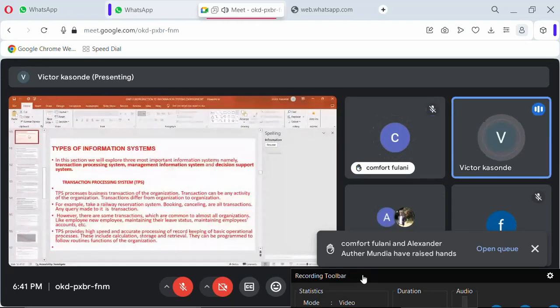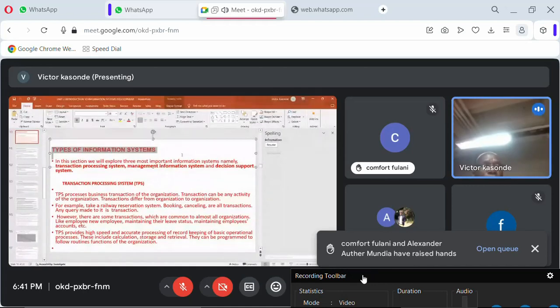When we started, we started with types of information systems. All these are tied to information systems. From here, types of information systems, and these are small subtitles of this information system.